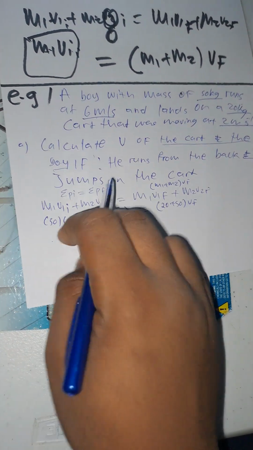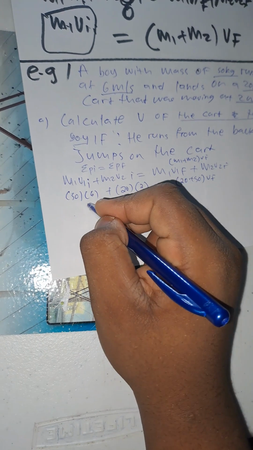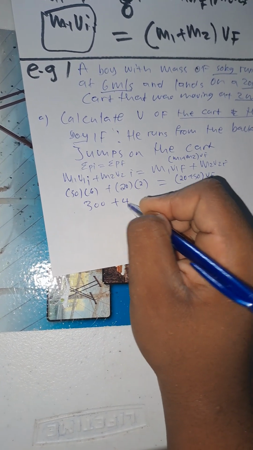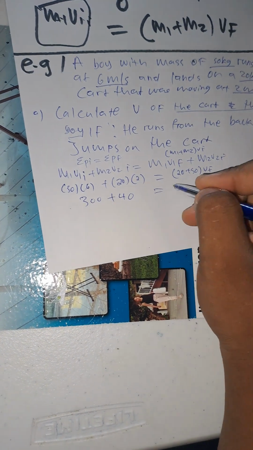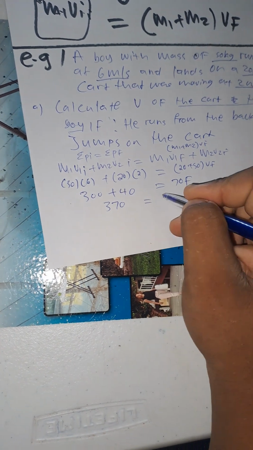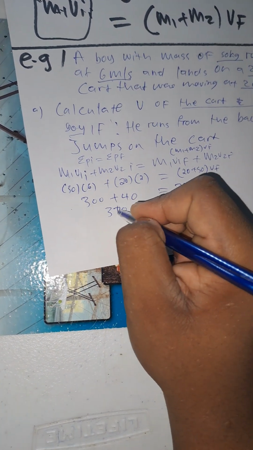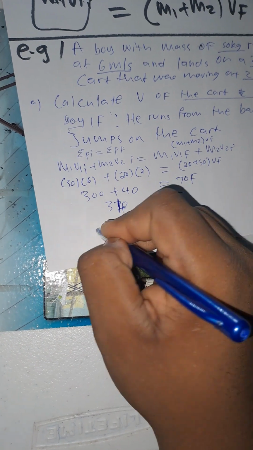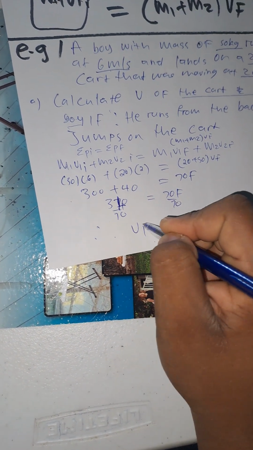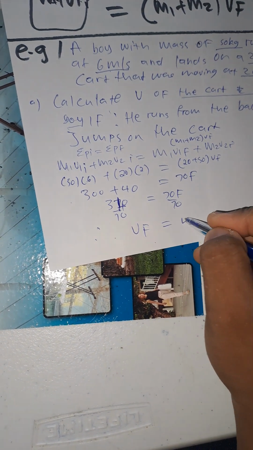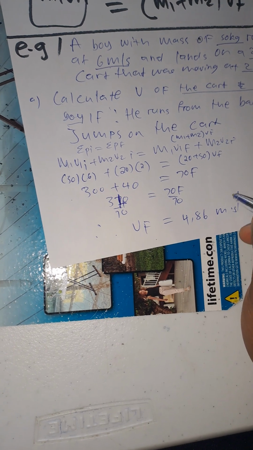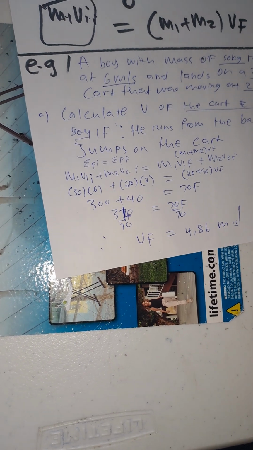When I calculate, this one is 300 and this one is 40, and this side is 70VF, so 340 is equal to 70VF. Therefore we divide by 70, and my VF is equal to 4.86 meters per second.